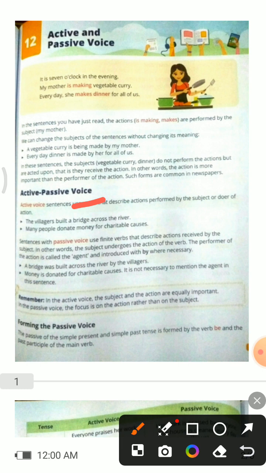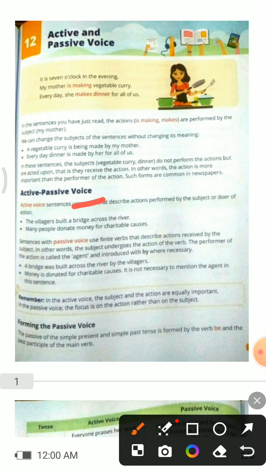Okay, so that is why it is a voice. Sometimes the voice is in active form, that is something is happening right now, and in passive it has already happened. Active voice sentences use verbs that describe actions performed by the subject. It means right now the subject is doing something. If that is written, then it is in the active form.